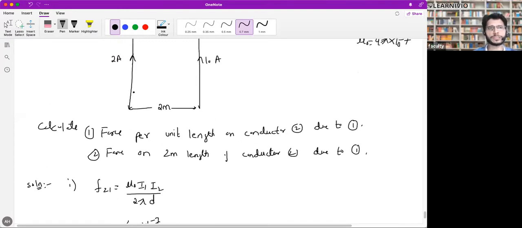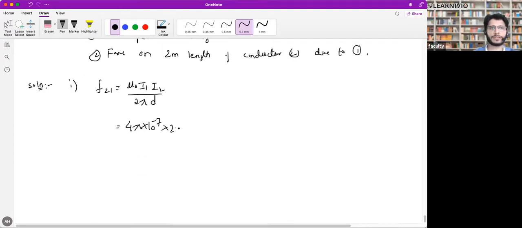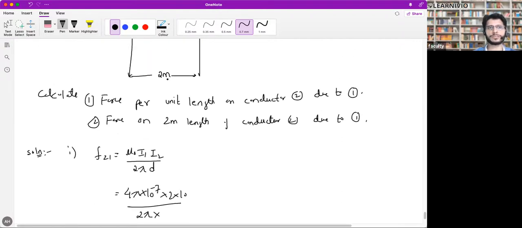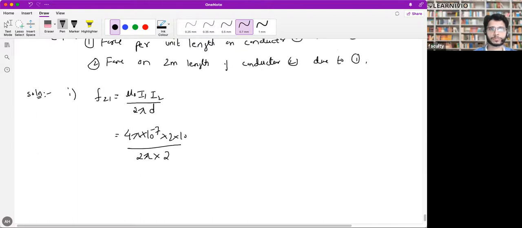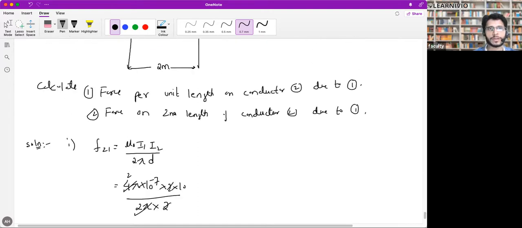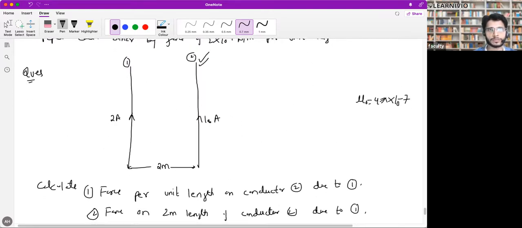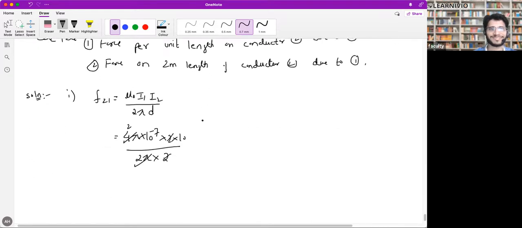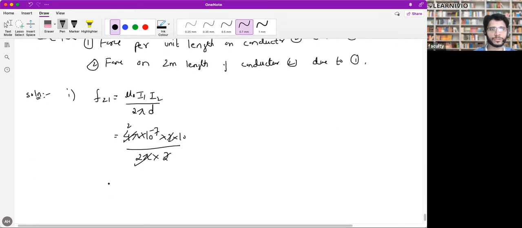I1 is 2, I2 is 10 ampere. So now the numerator would be 20.